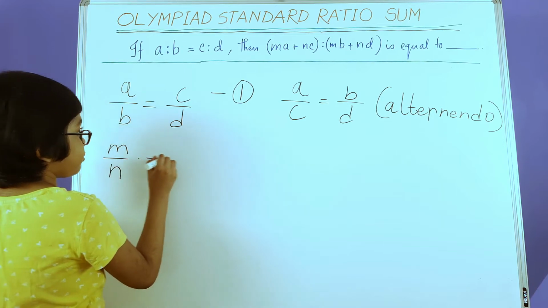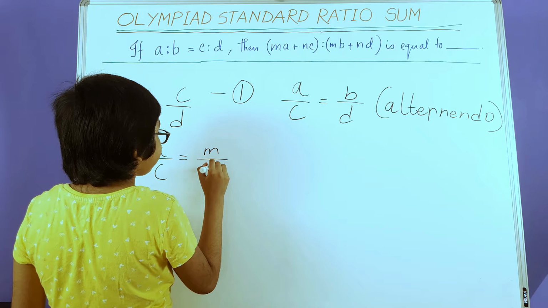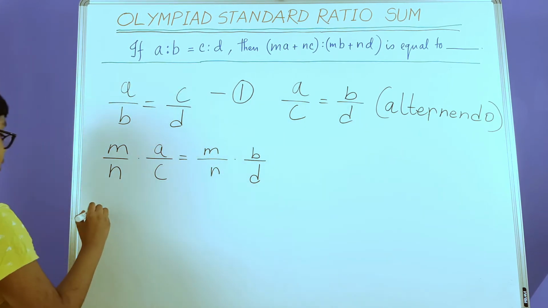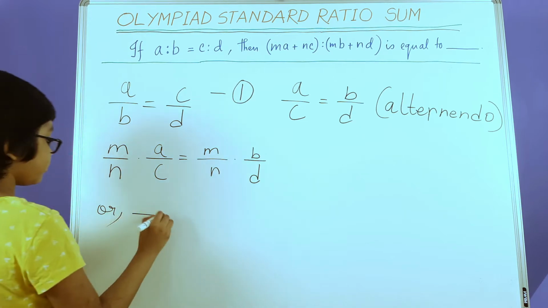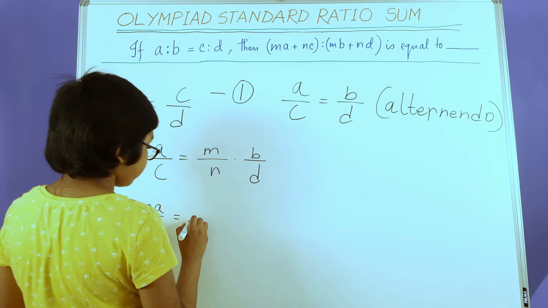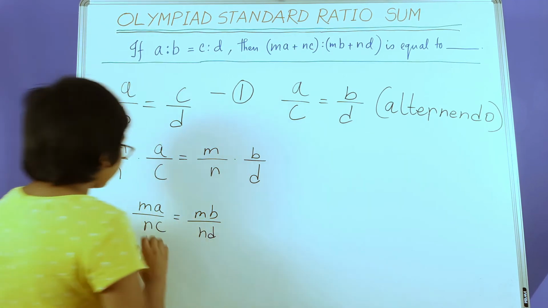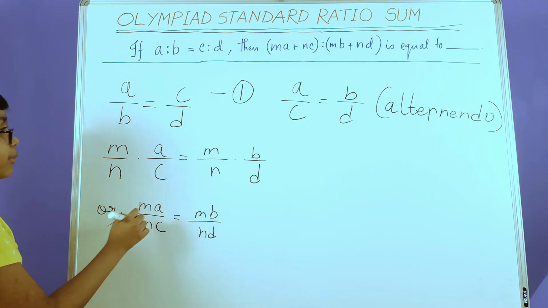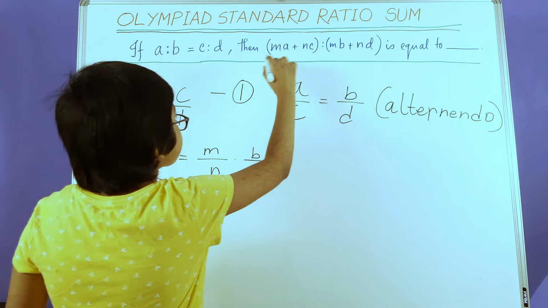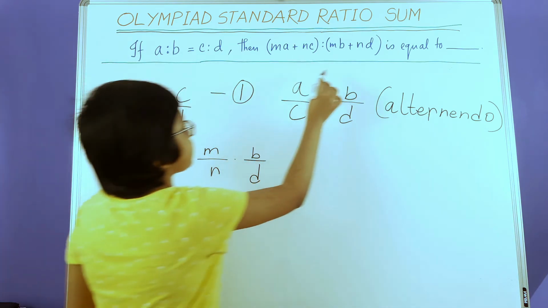M by N multiplied by A by C equal to M by N into B by D, or MA by NC equal to MB by ND. Here, MA and NC are in the form of fractions, but here they are added to each other, put together and summed up, and similar for this too, MB and ND.